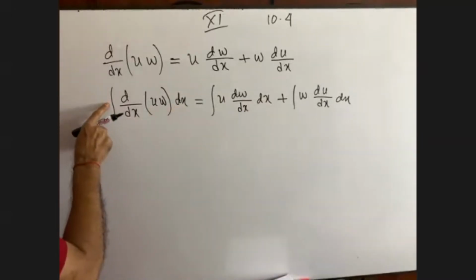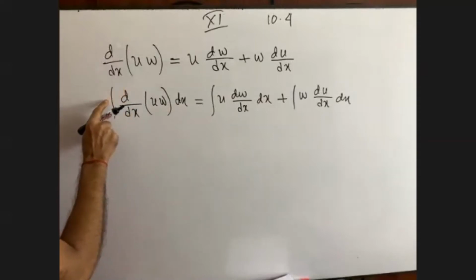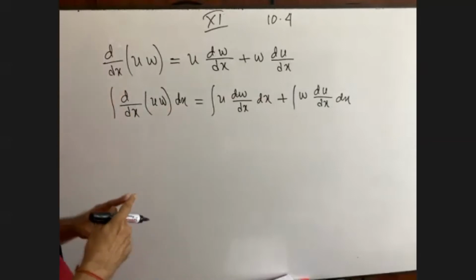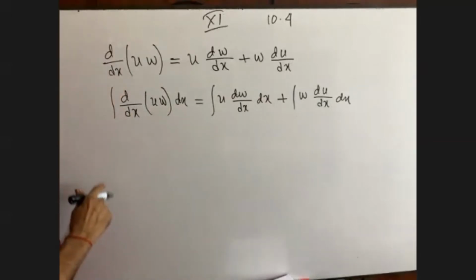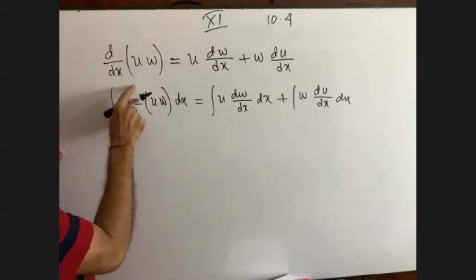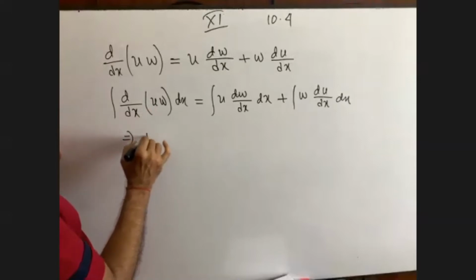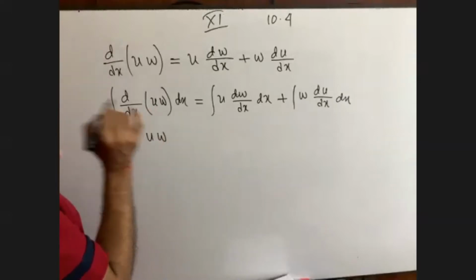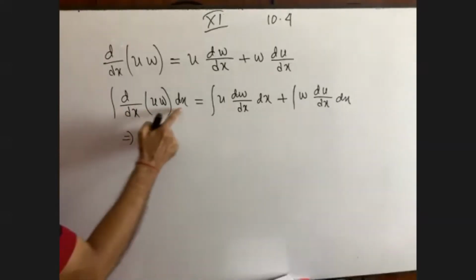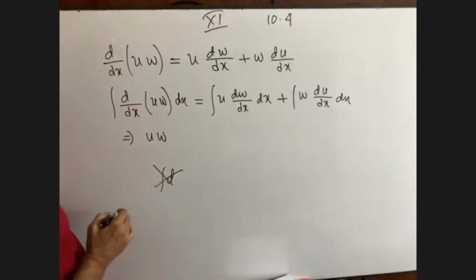Now integration and d for differentiation: integration and differentiation will be repulsed. So we are left here with only uw. Please try to understand. Dx will be omitted, and integration and differentiation are always repulsed.